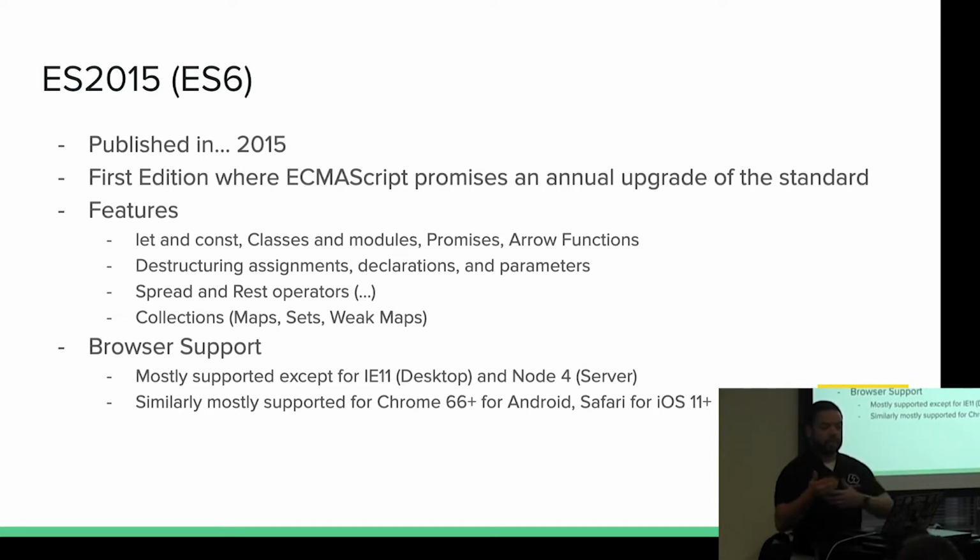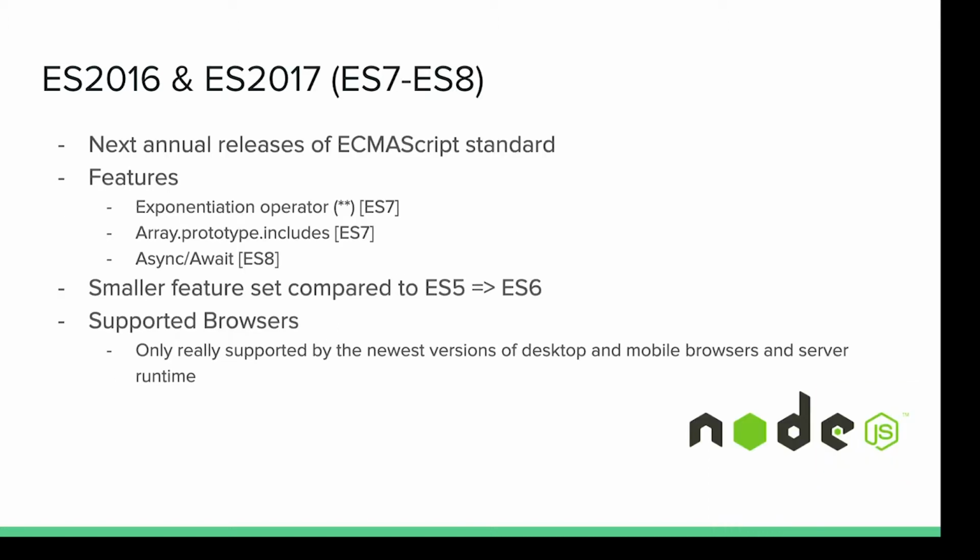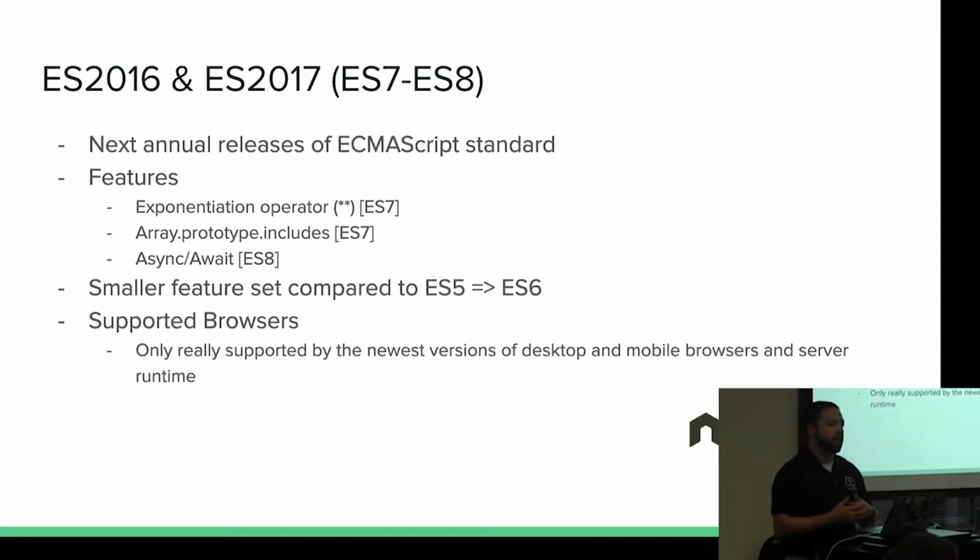And as we stated, part of the annual upgrade promise is to give you a new version of ECMAScript as we move along. So we jump into ES7 and ES8, released respectively in 2016 and 2017. Again, these are just marching along the annual releases. Here you can see that there are not really too many new features they're adding to the standard, but there's the exponentiation operator.